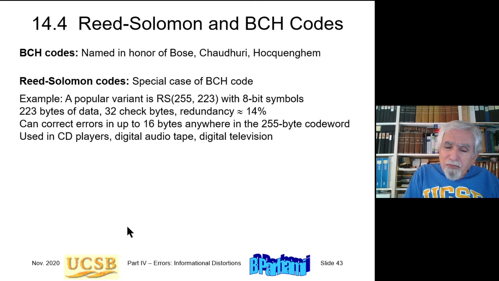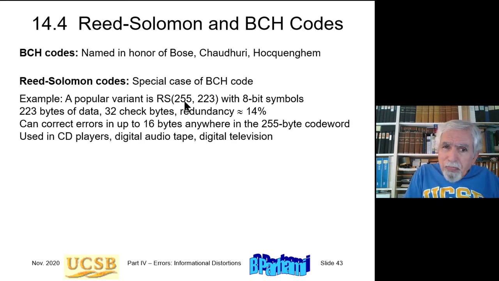Here's an example of a Reed-Solomon code. The popular variant is Reed-Solomon with 223 bytes of data. So this is not binary. The symbols in this code are bytes. 223 bytes of data and 255 minus 223, that is 32, redundant bytes.